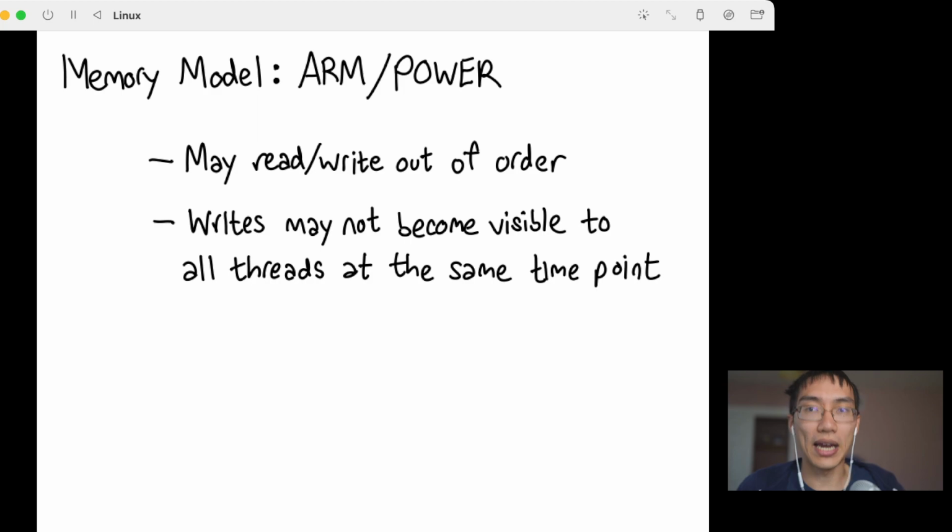There's a formal description of the ARM memory model, which I don't have time to do in lecture today, but it's more relaxed than x86. And so code that previously worked perfectly fine 100% of the time on x86 could in fact be buggy on ARM because it gives fewer guarantees about the memory model.